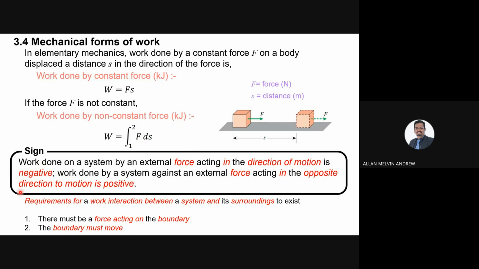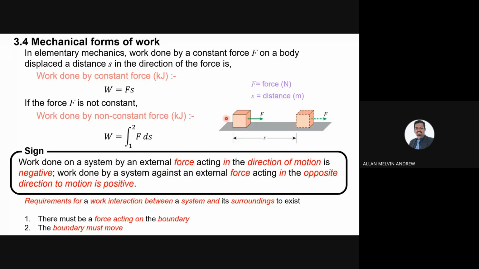Okay, the sign: work done on a system by an external force acting in the direction of motion is negative. Meaning, this is a system, and we are applying force on the system.